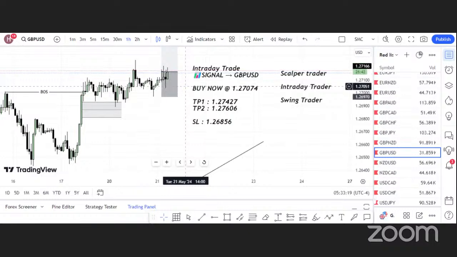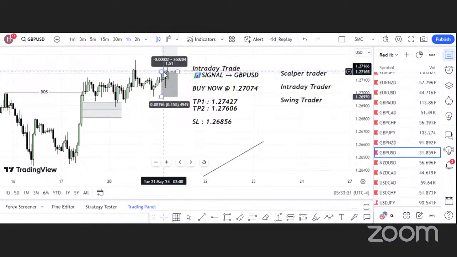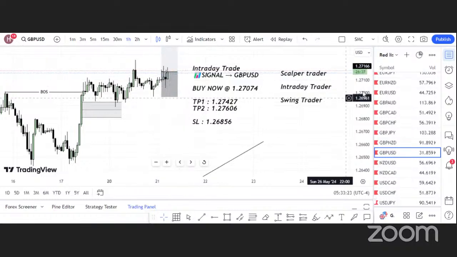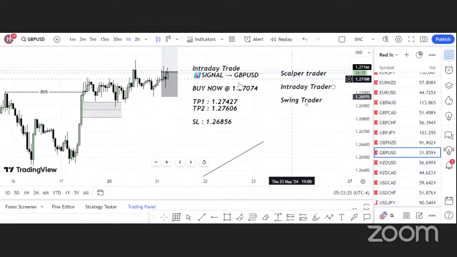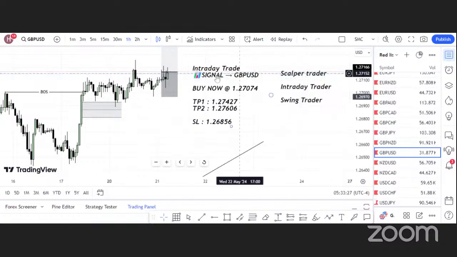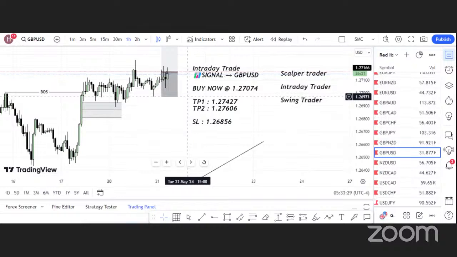Now, if I take this trade right now, I still have about 25, 26 minutes to the end of this candle.